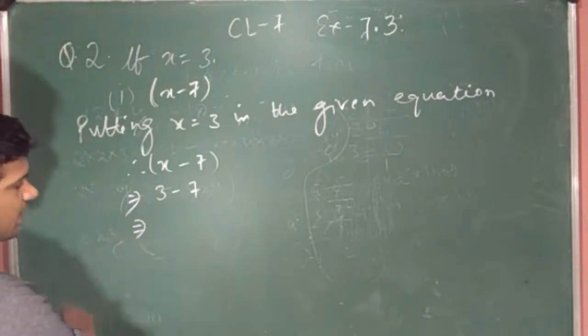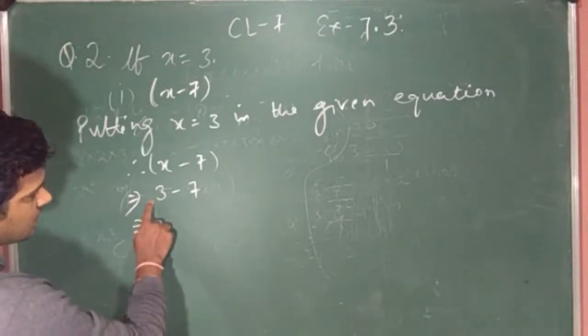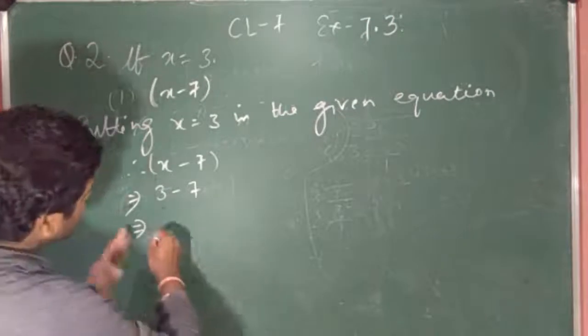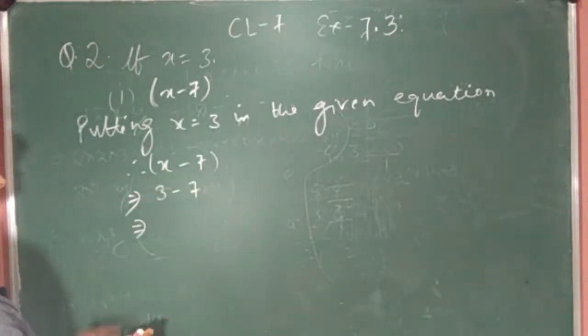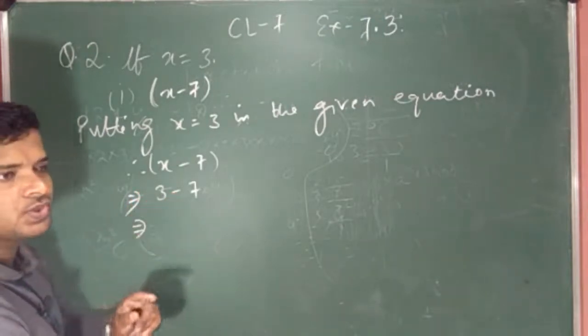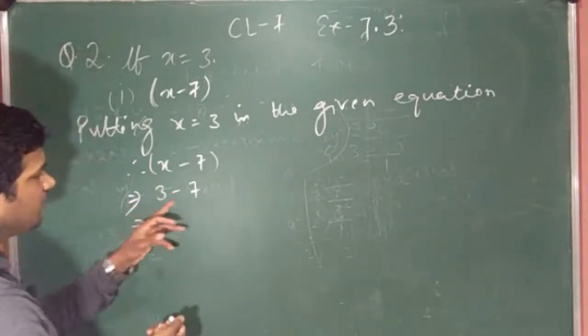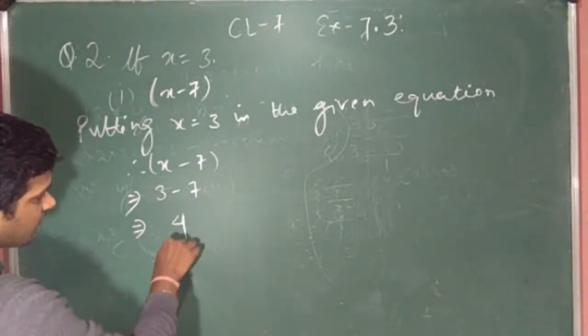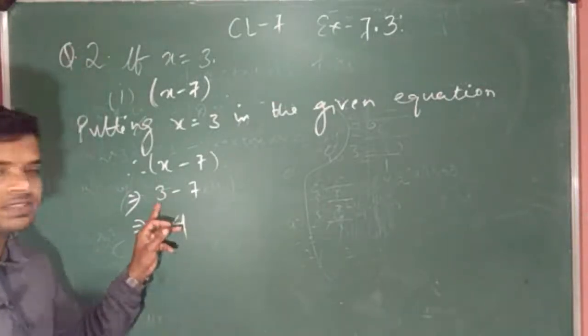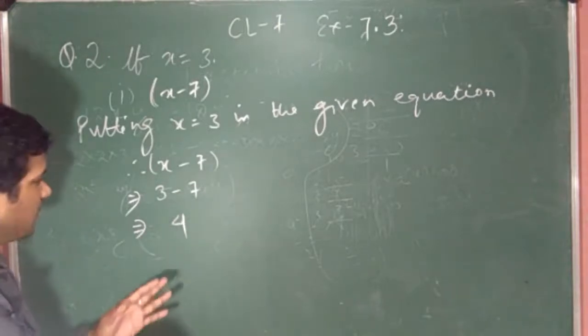When we do 3 minus 7, listen very carefully: 3 is plus and 7 is minus, so plus into minus gives minus. We cannot simply do 3 minus 7, so 7 minus 3 is 4.